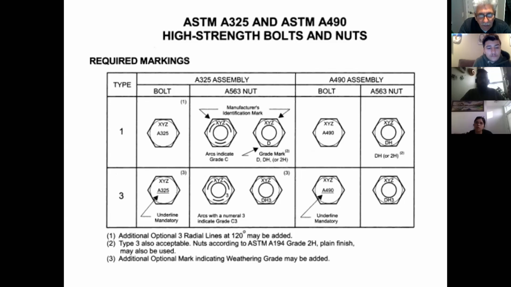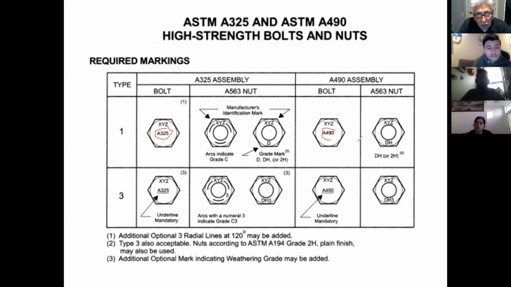So if you specify an A325 bolt, on the job site you can appreciate that it will be marked right on the bolt head that it's an A325. And of course, if you specify an A490, it would be marked here. So that's something that you can see.